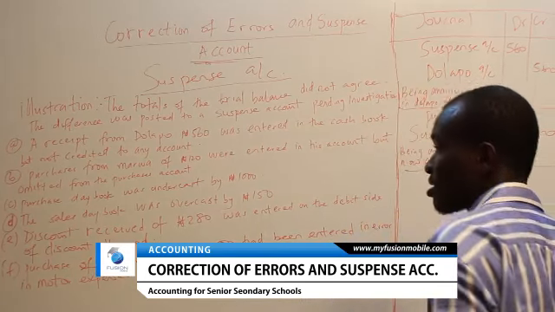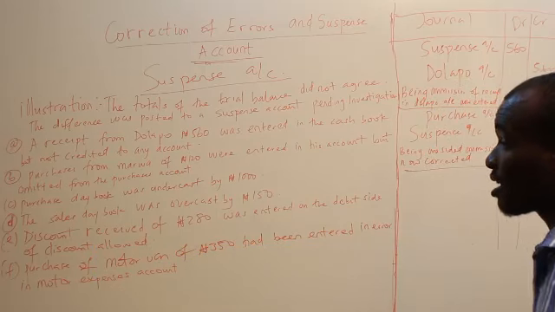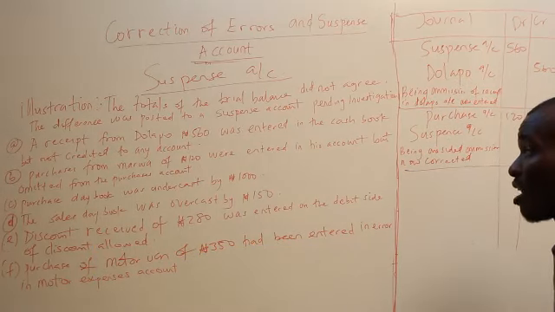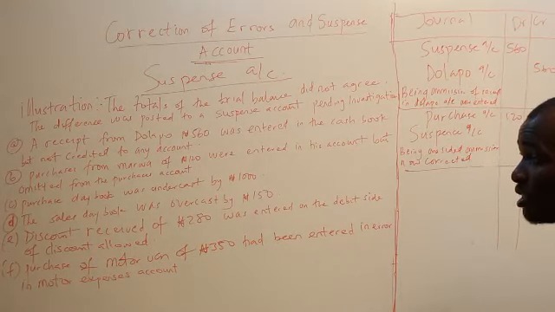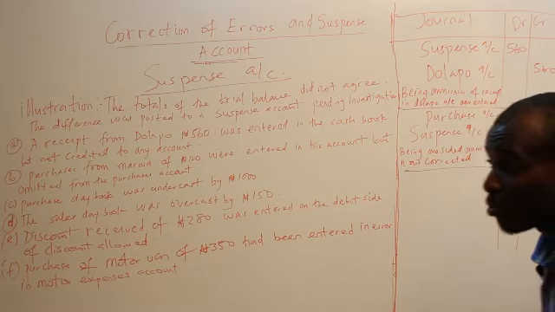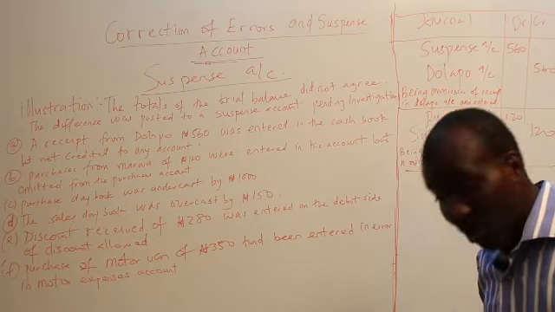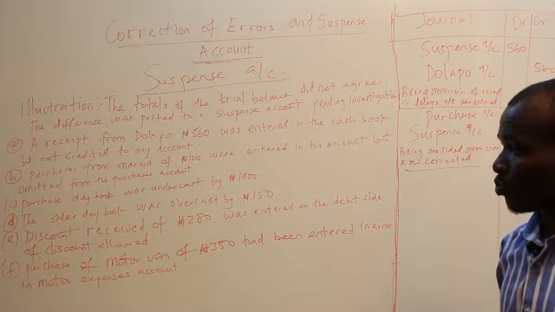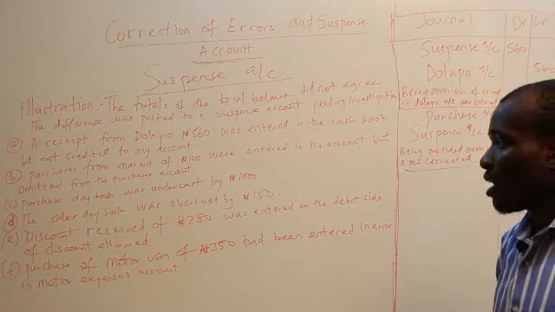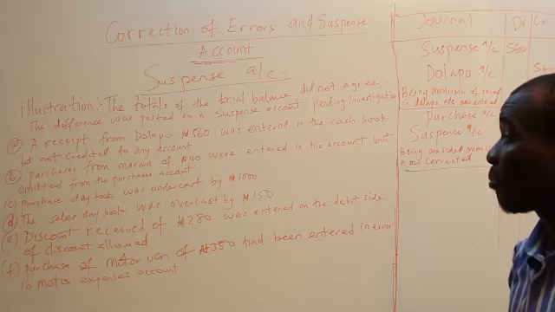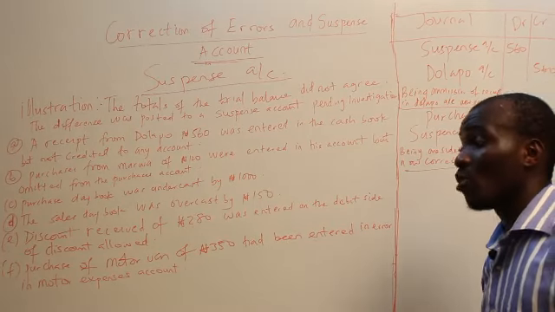So the next thing we have there is purchase day book was undercast by 1,000 naira. Or the purchase day book, which serves as a memorandum account to purchase account, is being undercast by 1,000 naira. So it is what we have in our purchase day book that we are going to have in our purchase account.